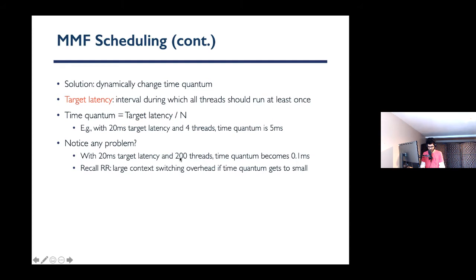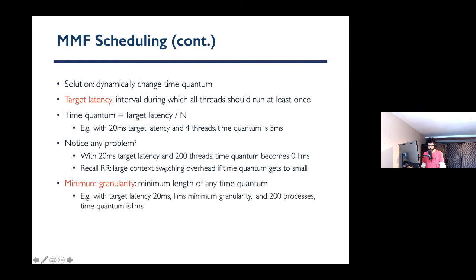So how can we fix that? We can define a minimum granularity in our system. It's like we say the minimum time quantum length is this number that we're giving you, and it doesn't matter how many tasks there are in the system. As long as this formula gives you a number higher than this minimum, use that number. But the moment this time quantum becomes lower than the minimum, you shouldn't go lower.